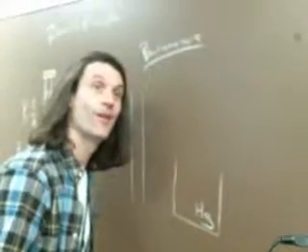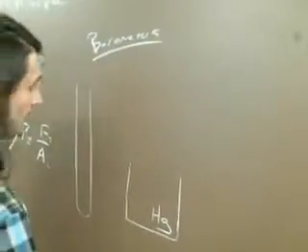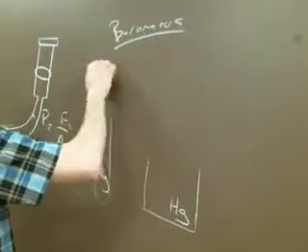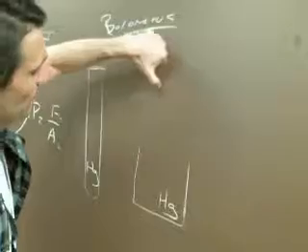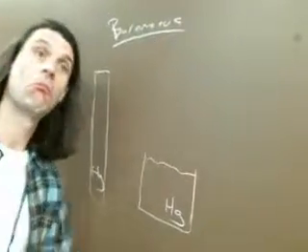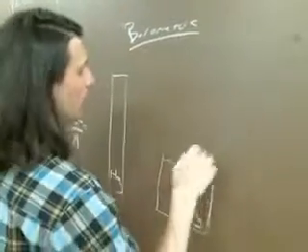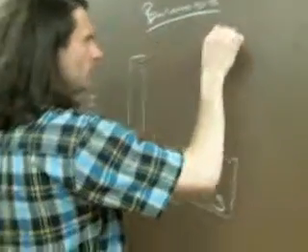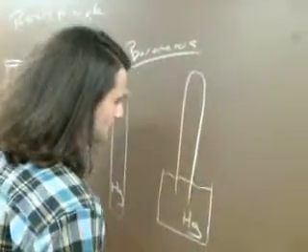Say it's full all the way up to there. Stick your thumb over top of that, flip it over, stick it underneath the surface of the mercury, and then let go. So it would look something like this, with the tube sticking out of the mercury.